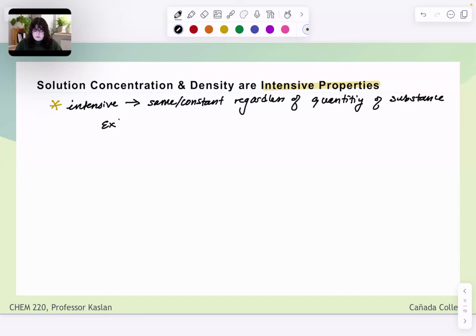So for example, if we're thinking specifically about molarity or density of a solution, I could give you, let's call this 100 milliliters of a 1.0 molar solution.